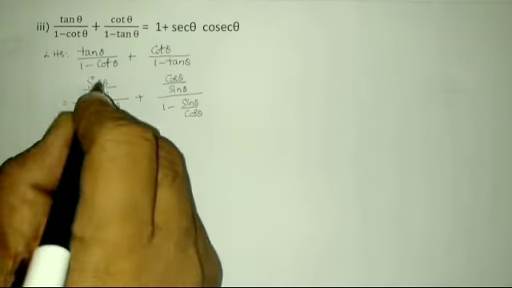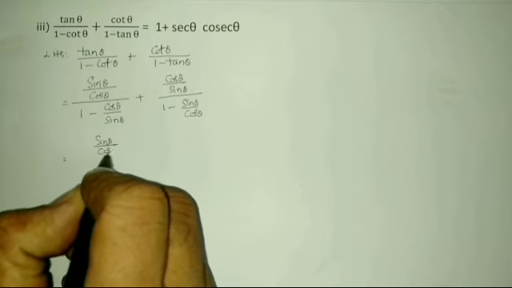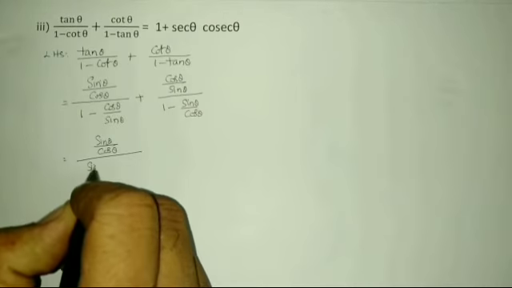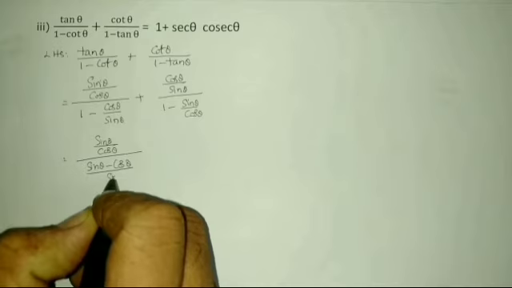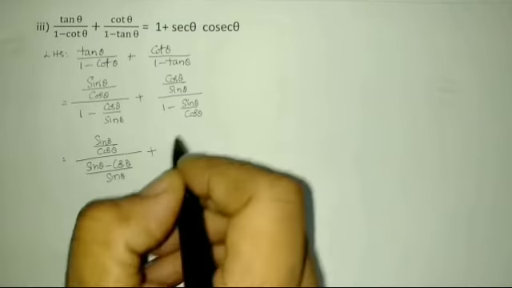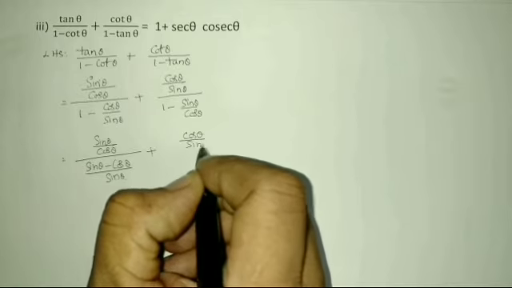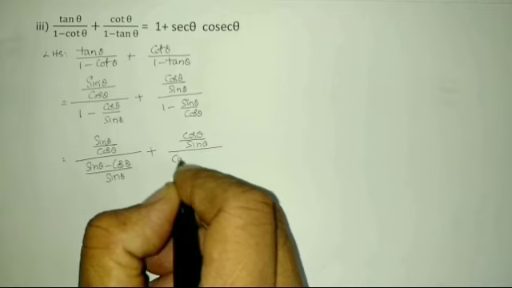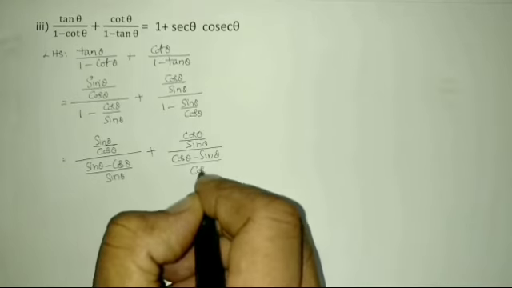Now sin theta by cos theta divided by, 1 into sin theta, minus cos theta by sin theta, plus cos theta by sin theta divided by, 1 into cos theta, minus sin theta by cos theta.